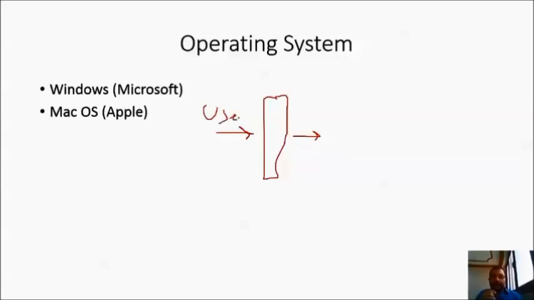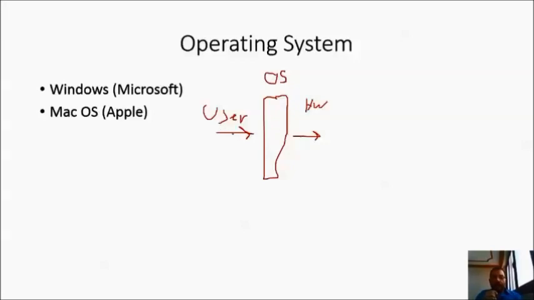This is the user, and this is the OS, or operating system, as an interface between the user and the hardware, HW. So again, the operating system is the interface between user and hardware.